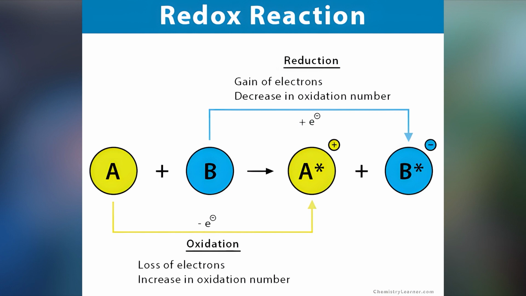In particular, in this case, it's grabbing them from carbon and hydrogen, which have much lower electronegativities than oxygen does. And so oxygen is being reduced because it's gaining electrons, and carbon and hydrogen are being oxidized because they're losing electrons. The electrons are moving away from the carbon and hydrogen and moving towards the oxygen.